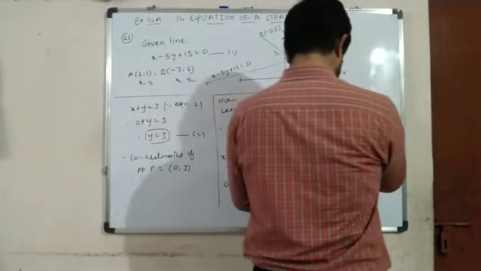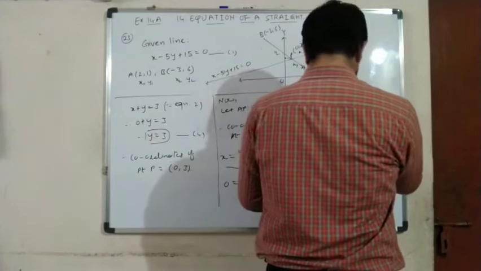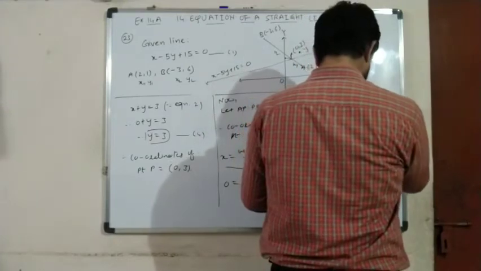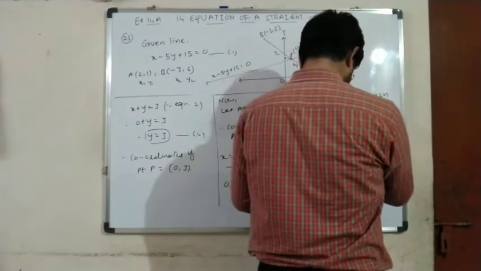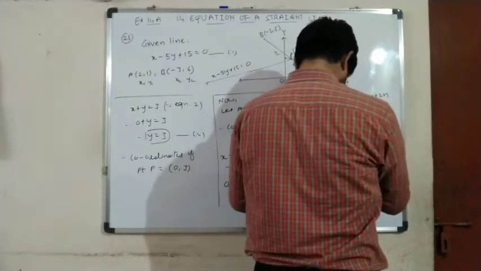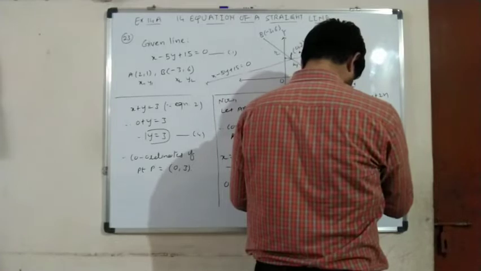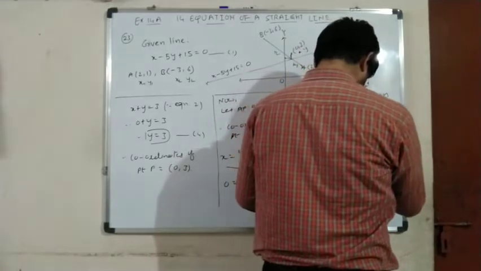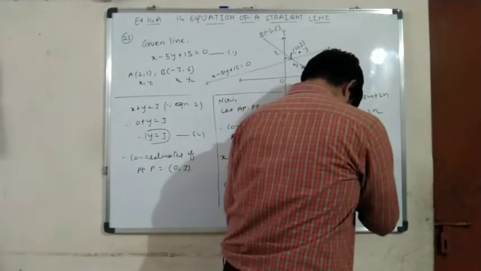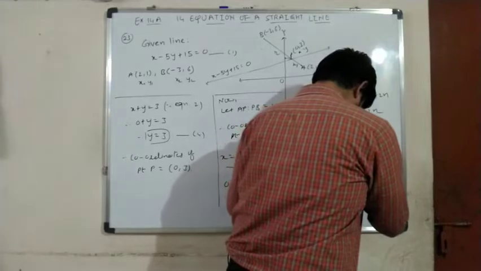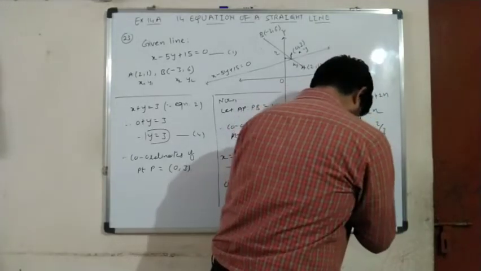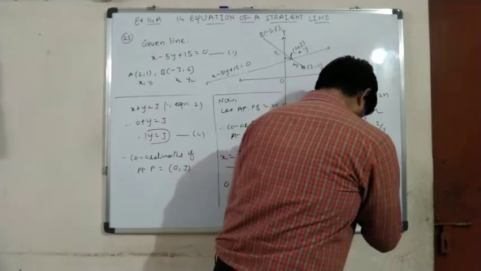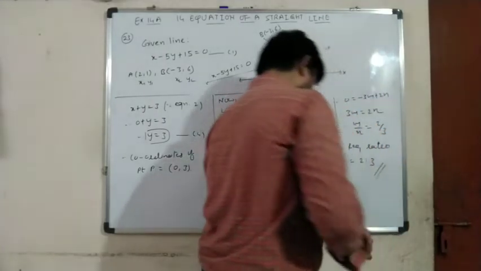Therefore 0 is equal to minus 3m plus 2n. Therefore 3m is equal to 2n, and therefore m upon n is equal to 2 upon 3, and therefore the required ratio, or the ratio in which P divides AB, is 2 is to 3.